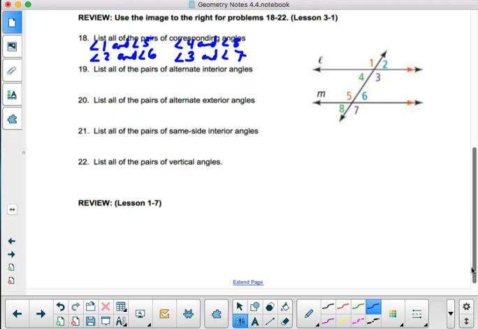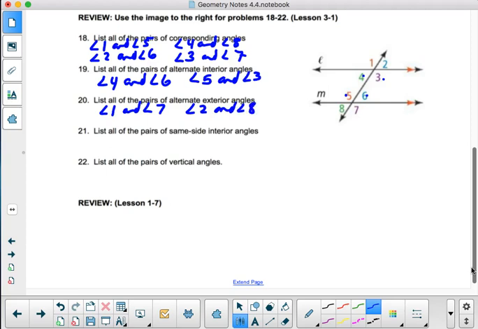List all the pairs of alternate interior angles. I've got angle 4 and angle 6 are alternate interiors, and angle 5 and angle 3 are alternate interiors. List all the pairs of alternate exterior angles. My alternate exteriors are angle 1 and angle 7, and angle 2 and angle 8.